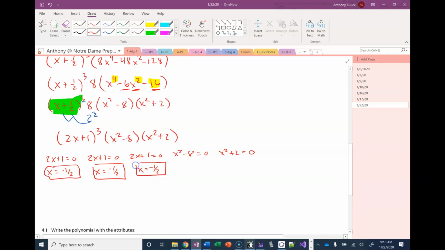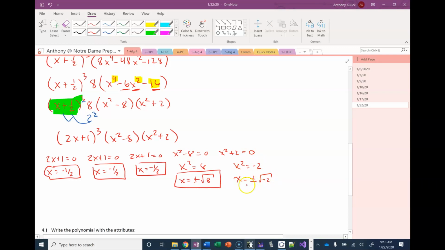Subtract 1 and divide by 2, I get 1/2. Add 8 to both sides. And then when we square root both sides, we create a plus or minus. Subtract 2 from both sides. When I square root both sides, I get a plus or minus.